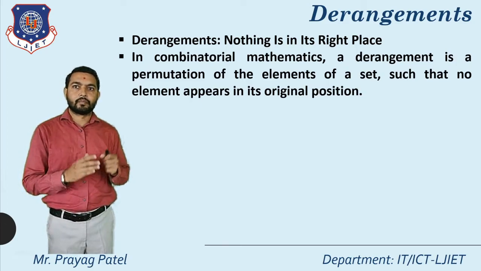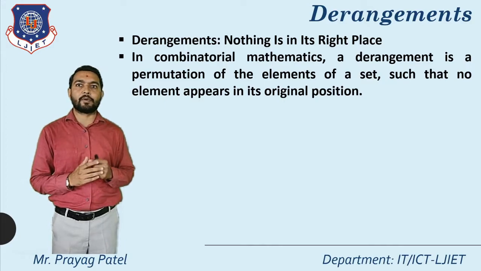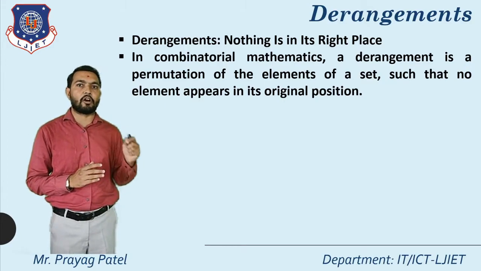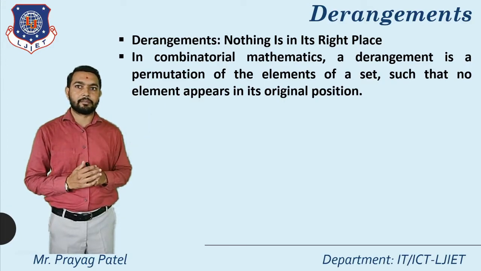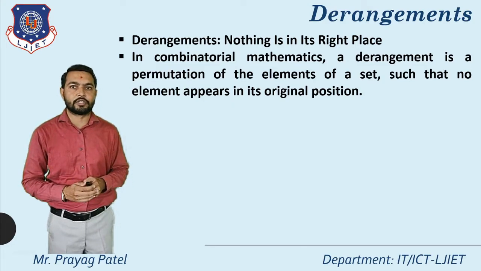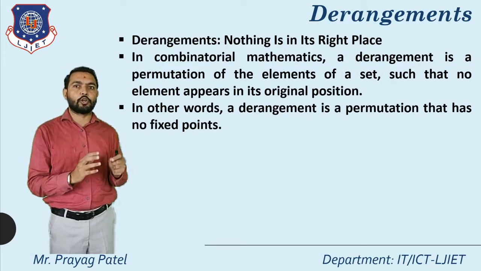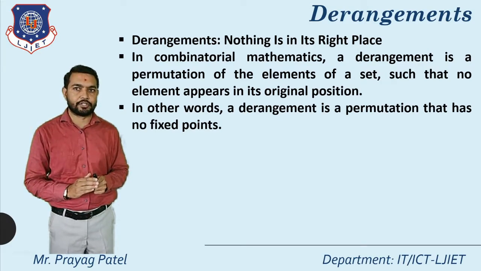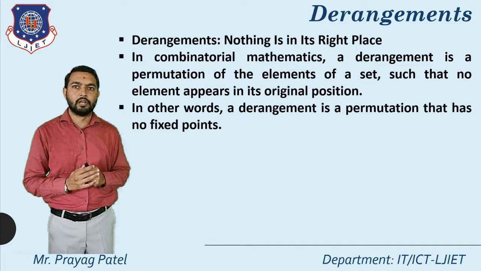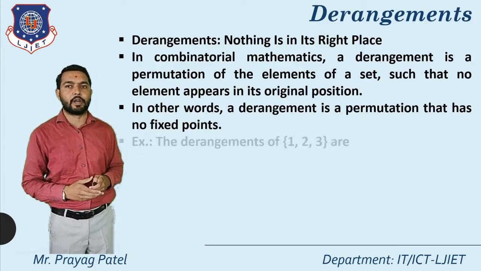Now in combinatorial mathematics, a derangement is a permutation of the elements of a set such that no element appears in its original position. That means no single element occupies its original position. In other words, a derangement is a permutation that has no fixed points.